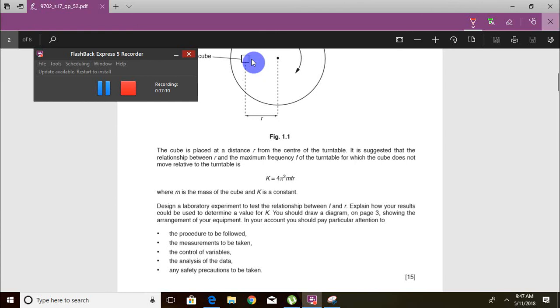A meter ruler may be unsuitable for this measurement, or it may not be, depending on the turntable we are using. So we can go with either a meter rule or a tape measure, because a vernier caliper is likely to be too small for the measurement.